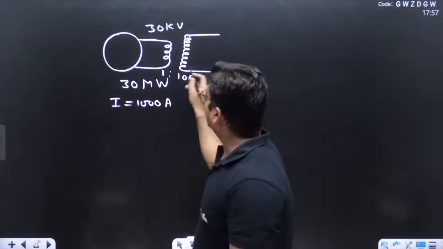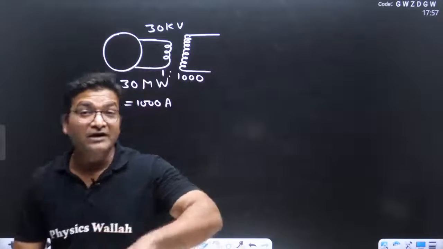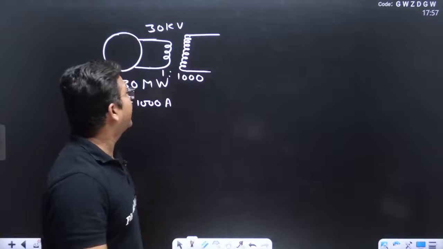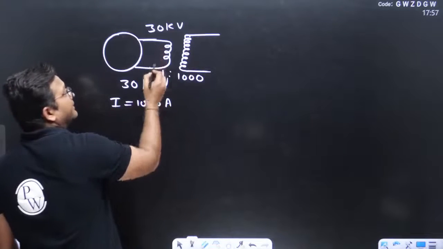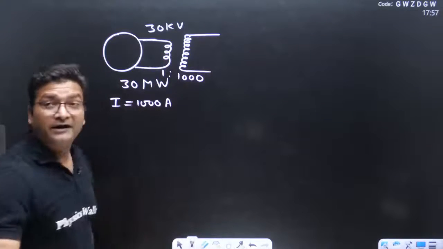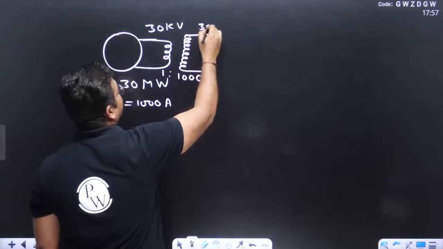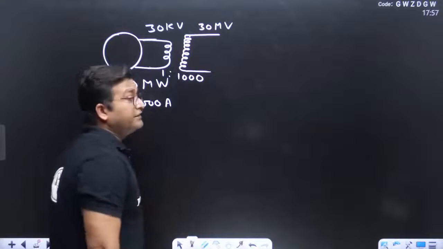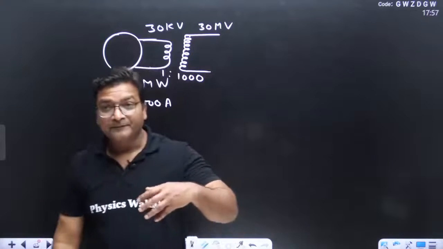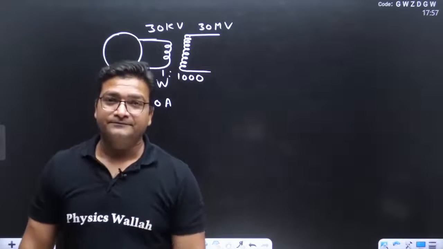So because number of turns are increasing, the voltage will increase 1000 times. So if here at the primary side we have voltage as 30 kilovolt, at the secondary side we'll be having voltage as 30 megavolt. Voltage increases by a large factor.